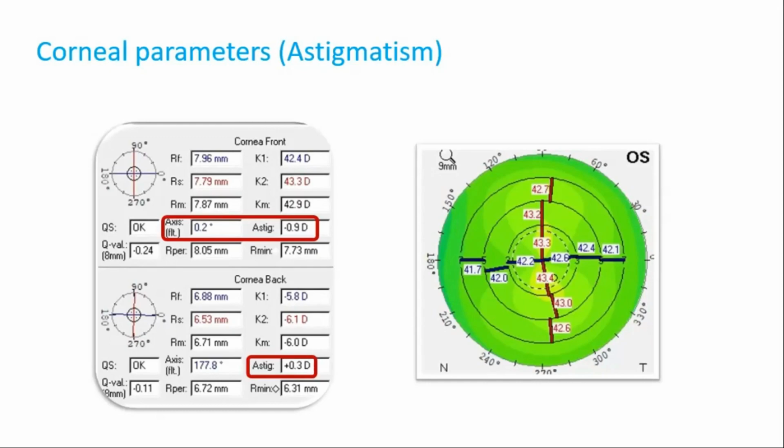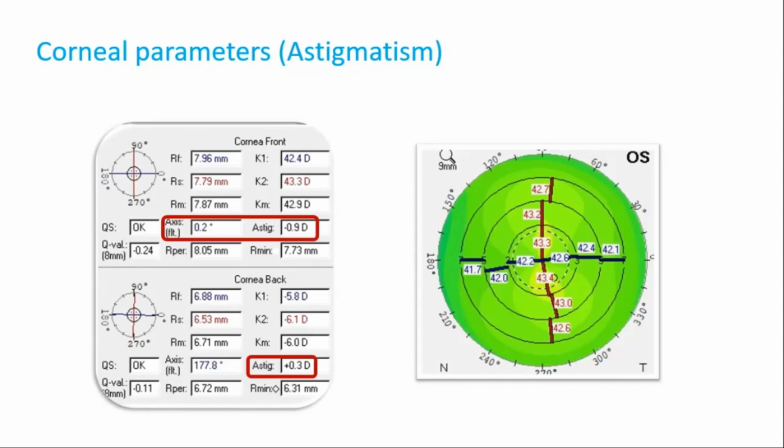Like, for example, if you have with the rule astigmatism on the anterior cornea, what will you usually have on the posterior cornea? And to what limits is it considered normal, and where will we start thinking that we need to incorporate the posterior corneal astigmatism into our toric calculations?